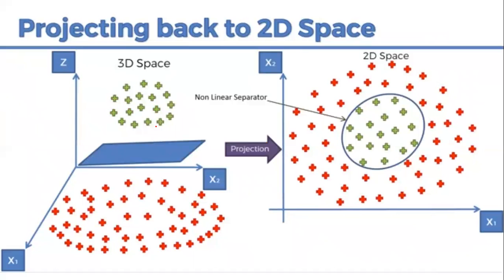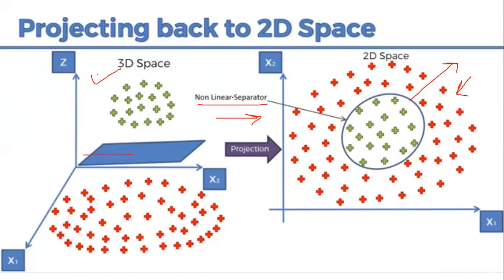For classification, I went to the 3D space, but once I got my plane, I can project back to 2D space and get a non-linear classifier, because it is not a linear shape. It is more of a circular shape, a curve. So I will call it a non-linear separator, right?